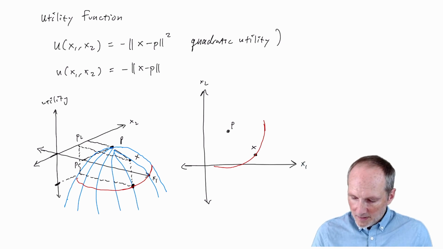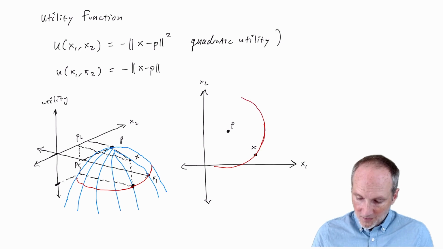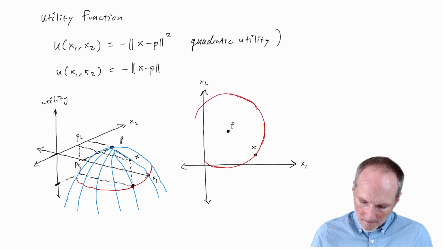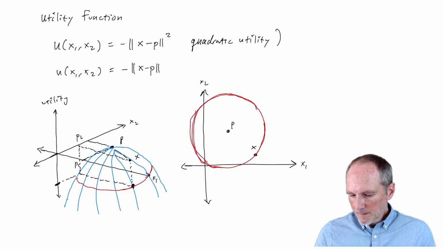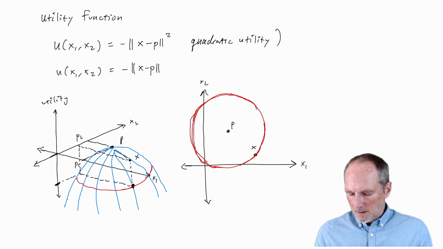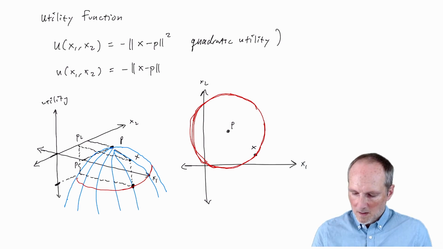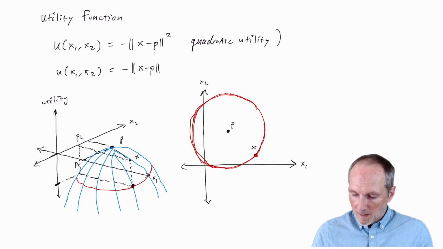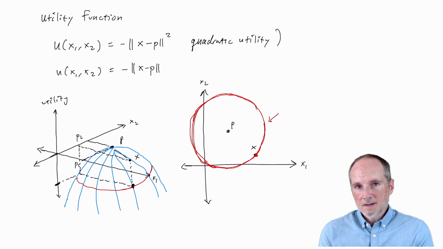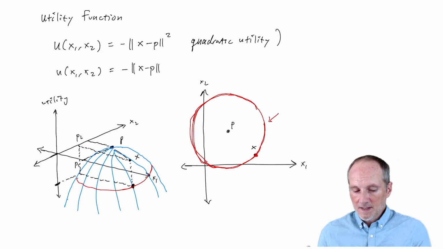And so what I'm going to do here is try to draw a perfect circle centered at that ideal point. That's not a great circle, but you get the idea. So for a given policy x, we're basically now just looking at the indifference curve through x. These policies all are the same distance from the ideal point as x is, so they have the same utility. So our decision maker is indifferent across all of the policies on this circle, okay?